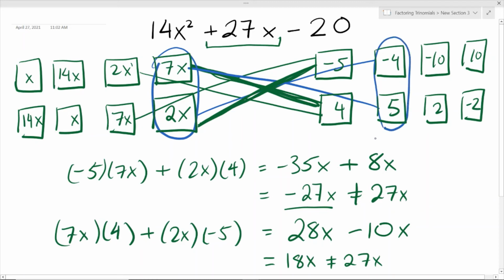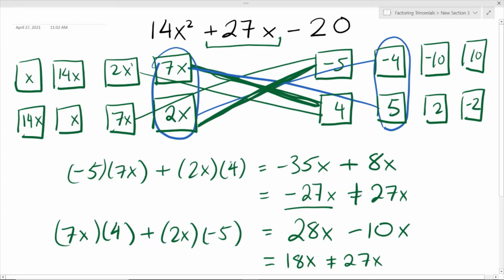By the way, when we used the boxes from before, when we did 2x times 4, you see this thin green line, 2x times 4 and 7x times -5 as shown here. We got -27x.